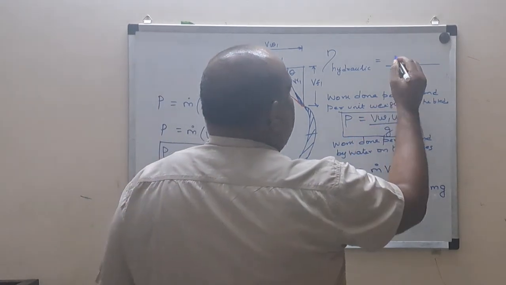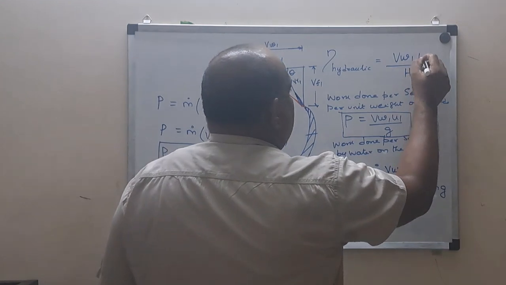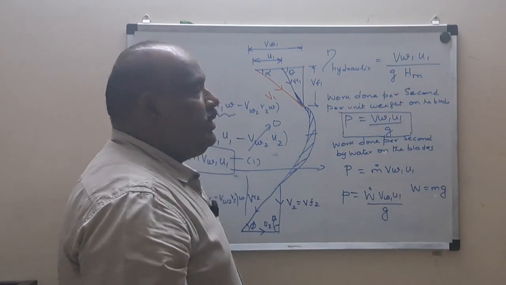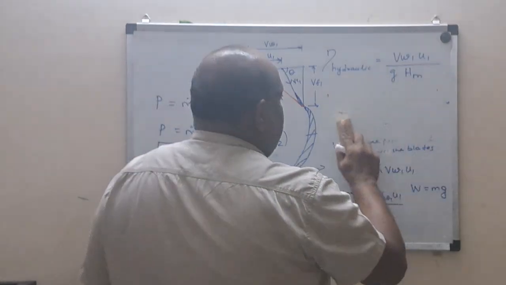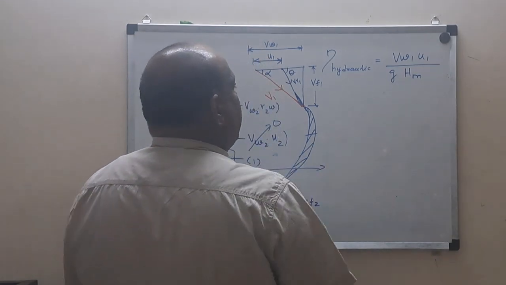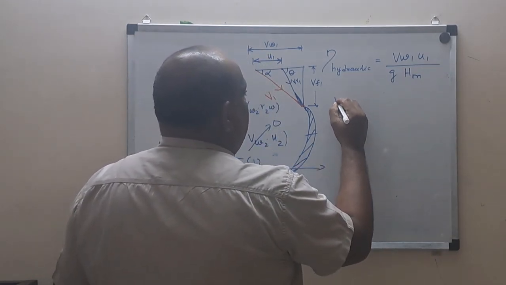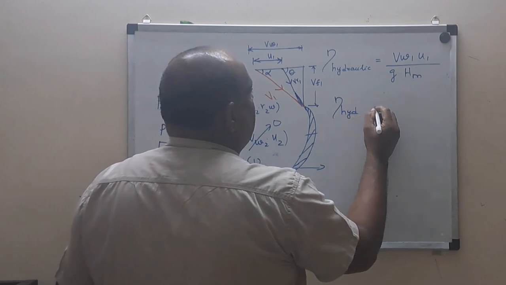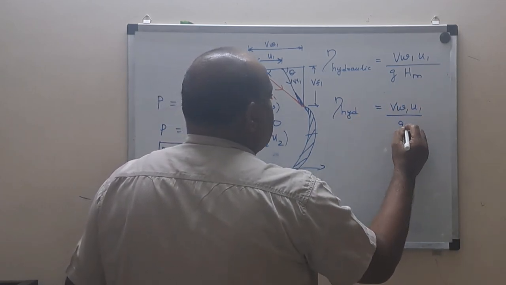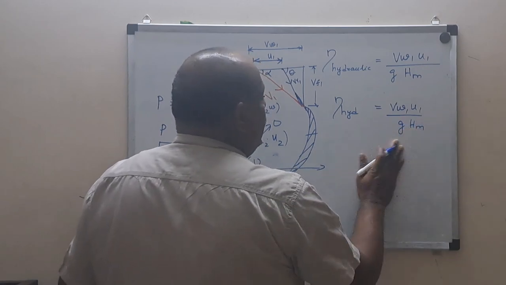So the formula will be Vw1 U1 by g, and this g comes in the denominator. So the hydraulic efficiency is given by Vw1 U1 by g Hm.